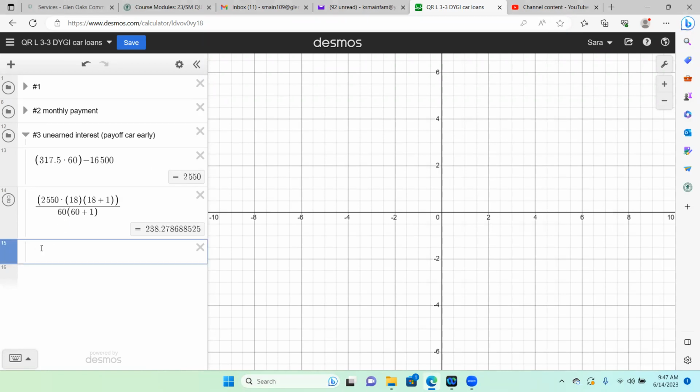And I'm going to calculate that because we had 60 payments originally, and they said, I am going to pay this off on the 42nd payment. So I'm going to subtract away 42 payments, because if I'm paying my 42nd payment, that means I have 18 payments left. And so my unearned interest is $238.28.